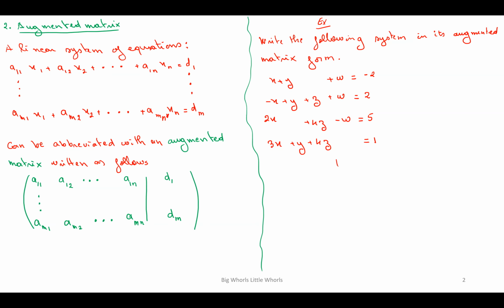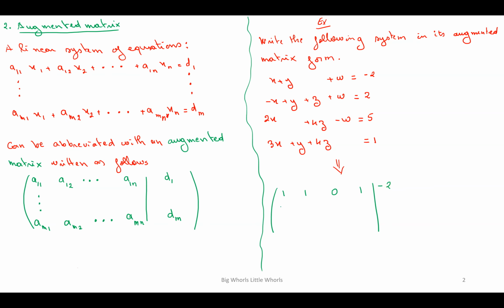In augmented matrix form, we have the following. On the left hand side, we have the coefficients. So the coefficients of x, y, z, w in the first row are 1, 1, 0, 1. Here we have no term in z, which means its coefficient is 0. The constant on the right hand side is minus 2.